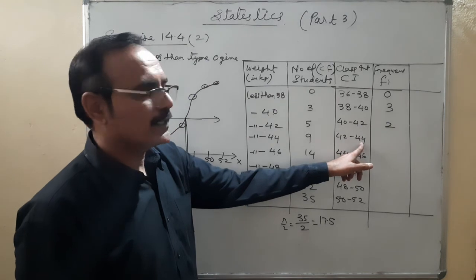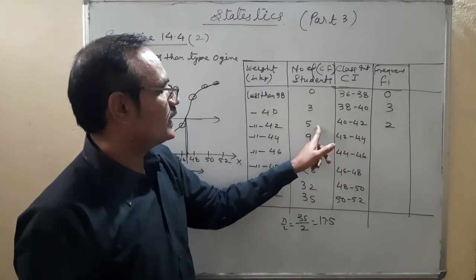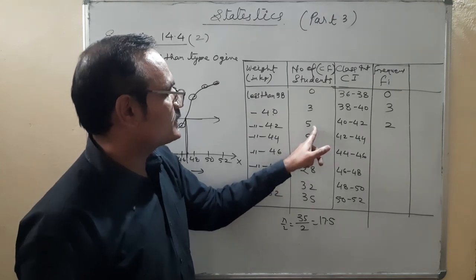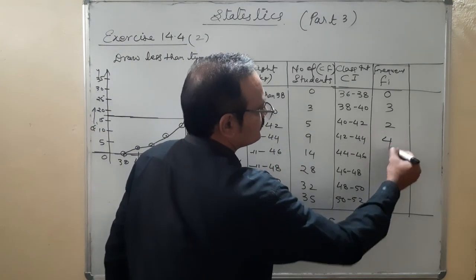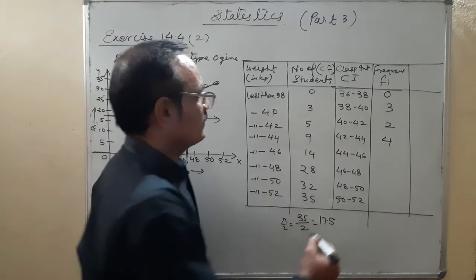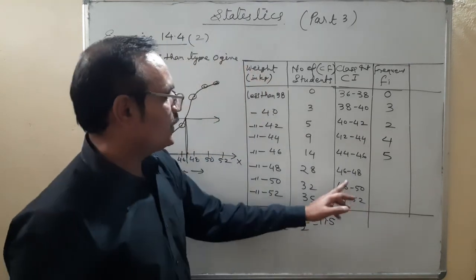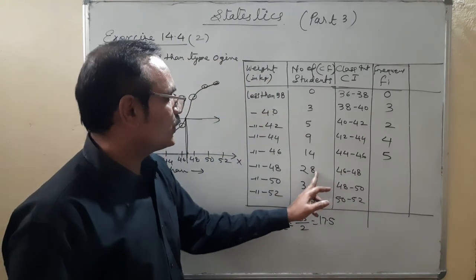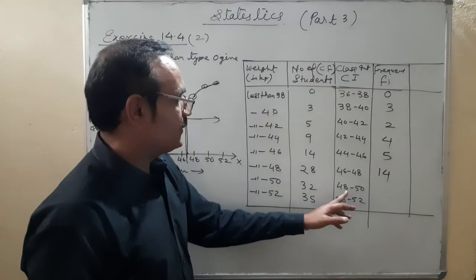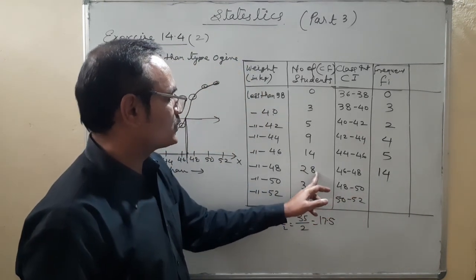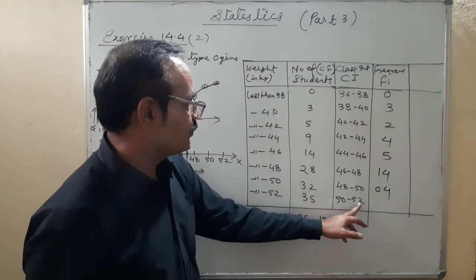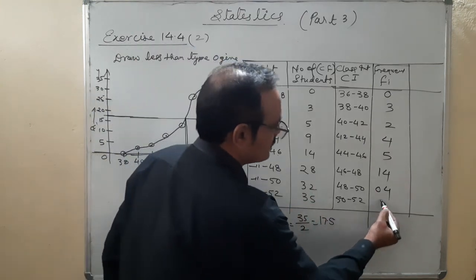Between 42 to 44, up to 42 there are 5, and up to 44 it is 9, so 9 minus 5 is 4. Between 44 to 46, 14 minus 9, 5. Between 46 to 48, 28 minus 14, it is 14. Between 48 to 50, 32 minus 28, 4. And finally between 50 to 52, 35 minus 32, that is 3.